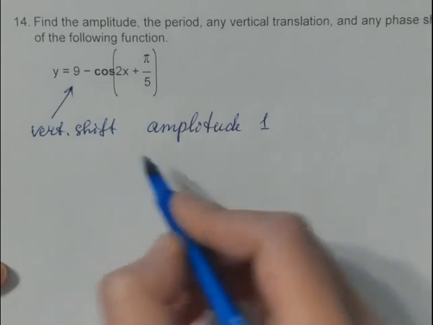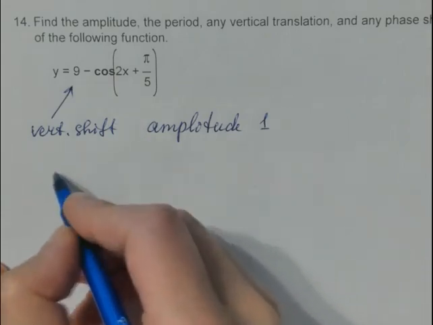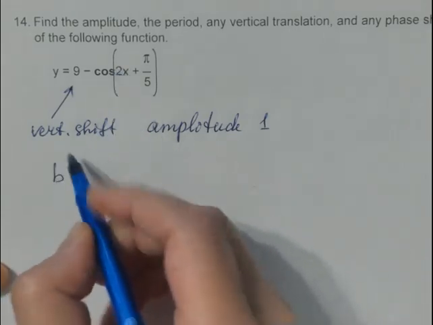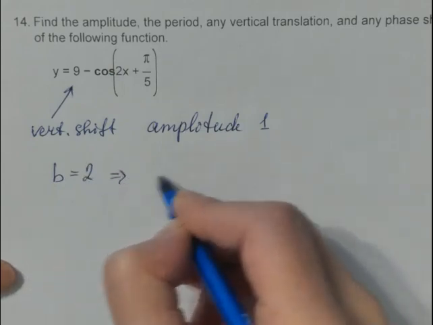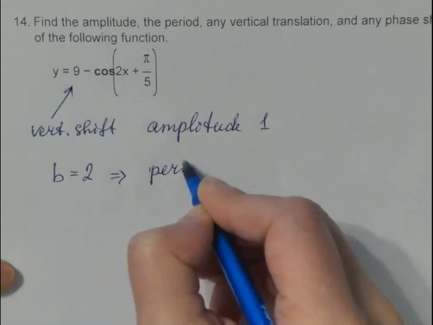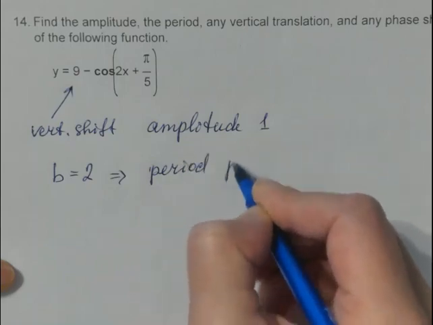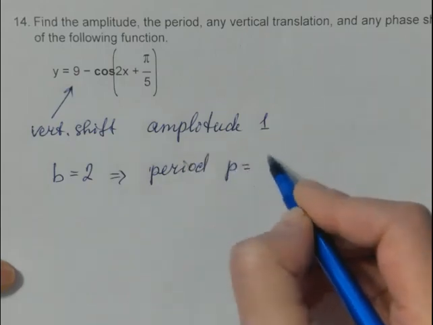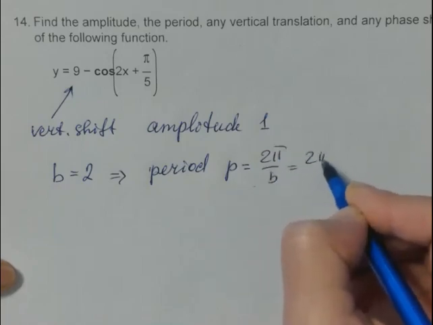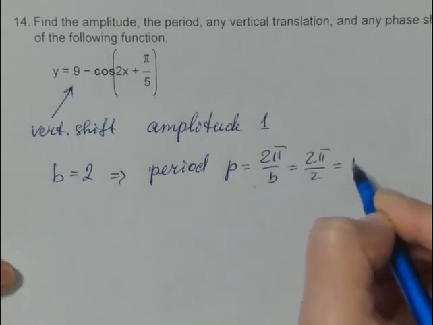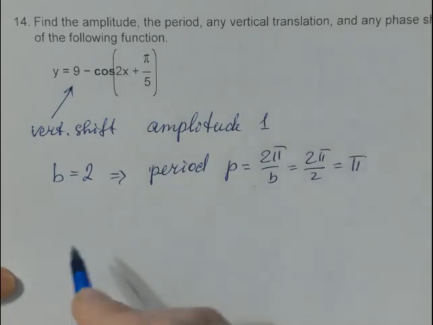Then the period, so b equals 2. It means that period p equals 2 pi over b, or 2 pi over 2, period is pi.